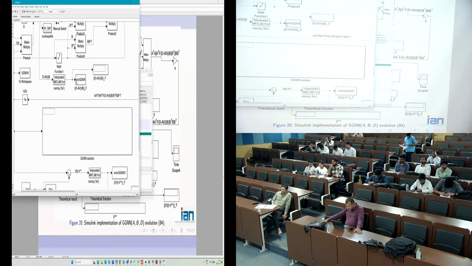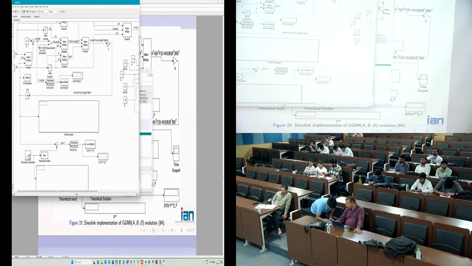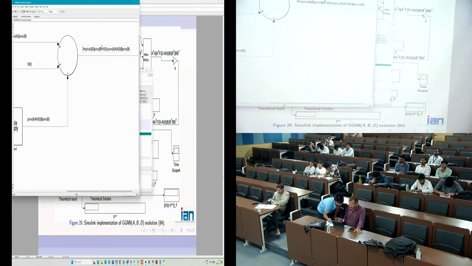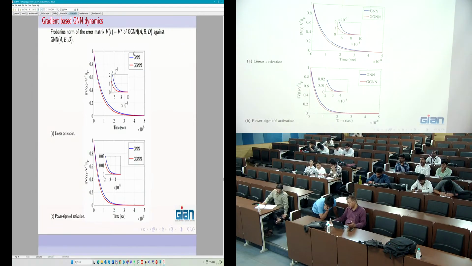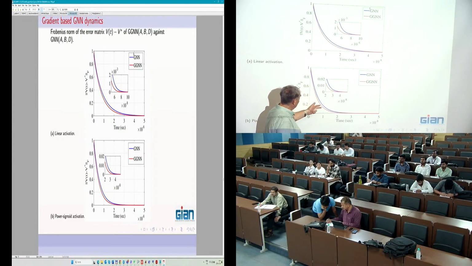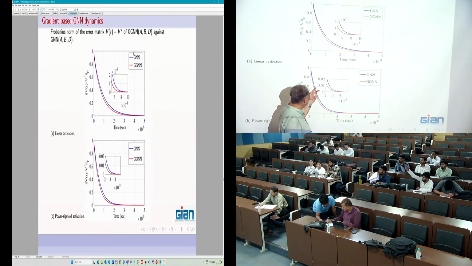Here is the workspace block. The theoretical solution is plus V0 plus. It was necessary to compare GNN and the final confirmation.